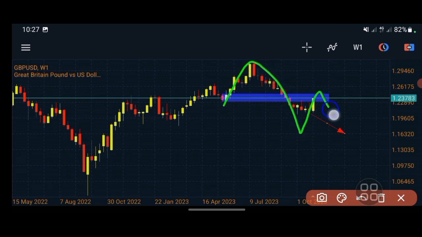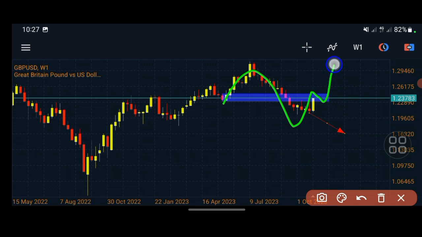Break, retest and come down like this, or it will reach something like this. Break, undo, break and come back and go, something like this channel.